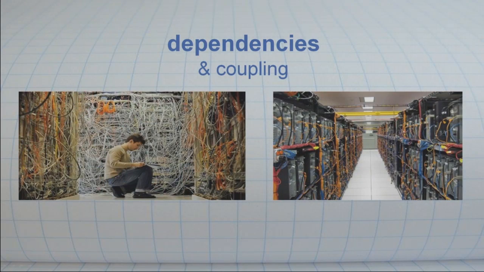The other aspect that yields complexity is coupling and dependencies. The more direct dependencies you have, the more complex your software is. On the picture on the left, there is a server room, and I would not like to work there.